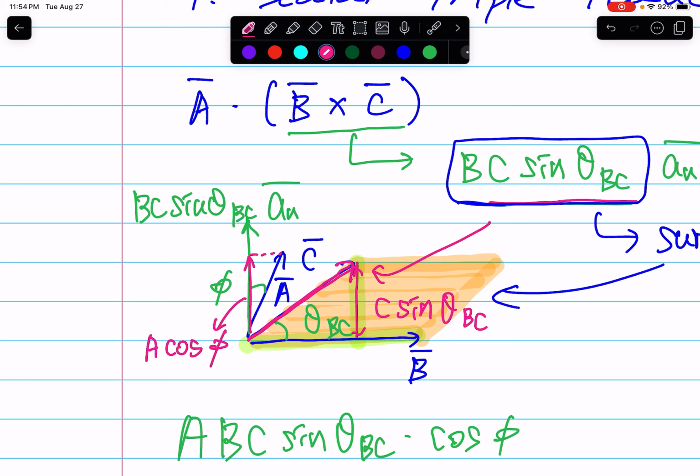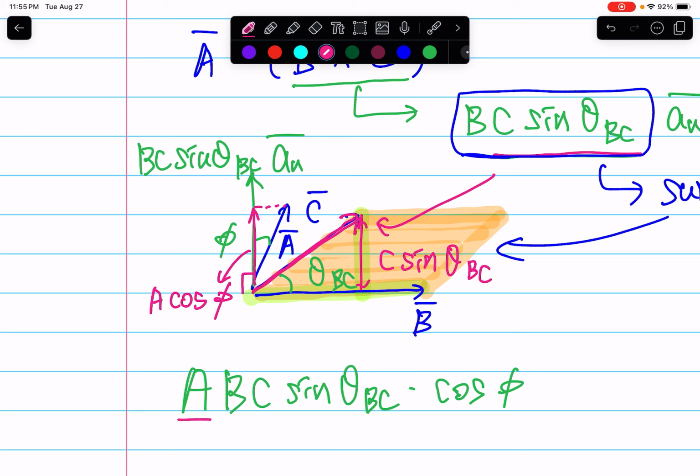Okay, so it's a vertical component to this 2D plane formed by B and C. So what this is going to be is a 3D volume, because now A times cosine pi is the height. So these two guys are the height.